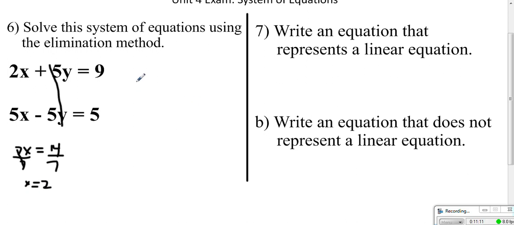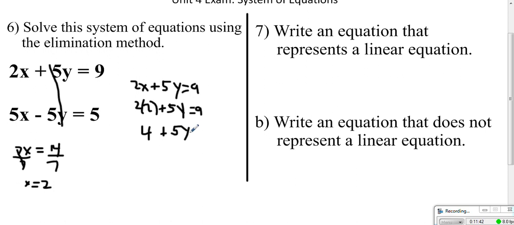I'm going to pick the first one to substitute that into, 2x plus 5y equals 9. So you substitute that x in. It's 4 plus 5y equals 9.